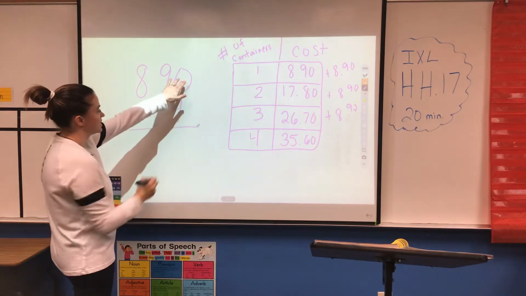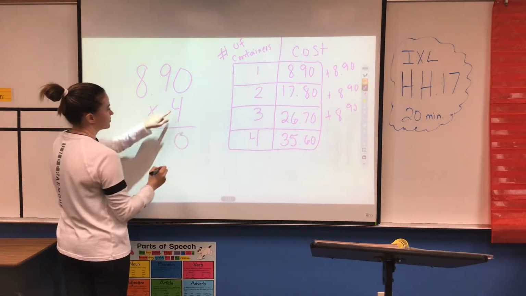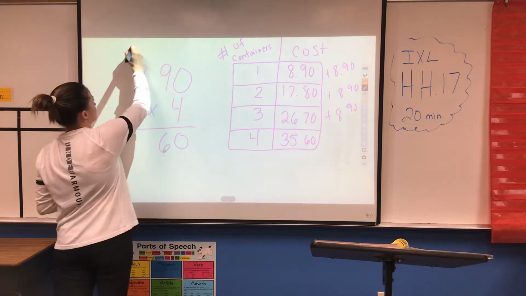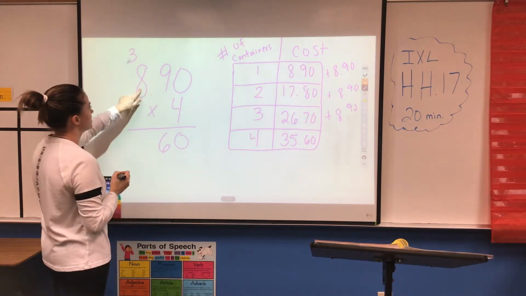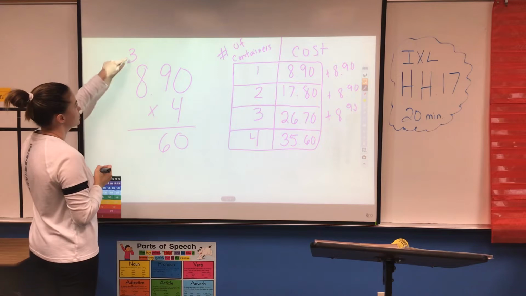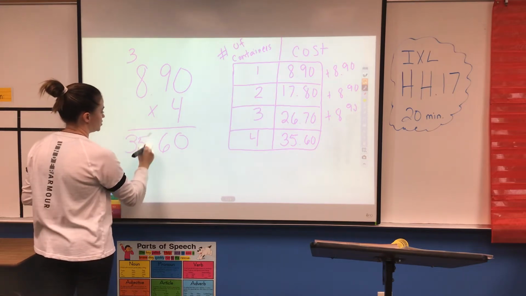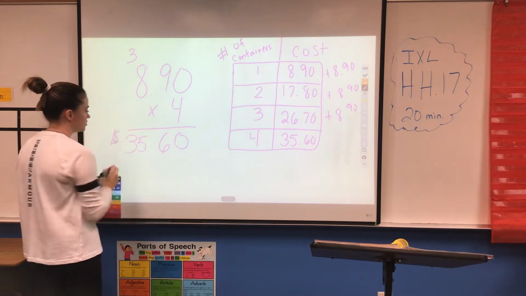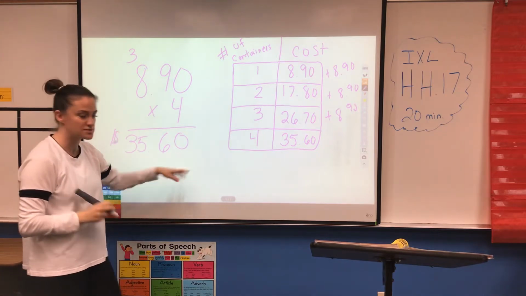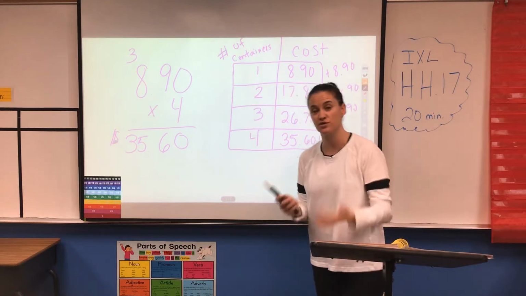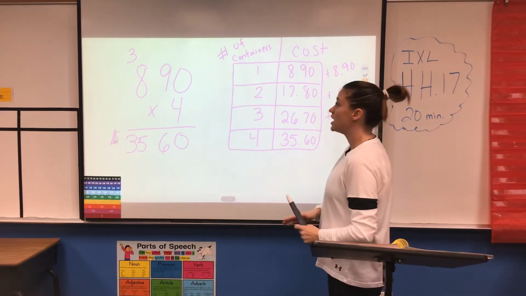So you could say 4 times 0 is 0. 4 times 9 is 36. Carry the 3. 4 times 8 is 32. 32 plus 3 is 35. And you get $35.60.